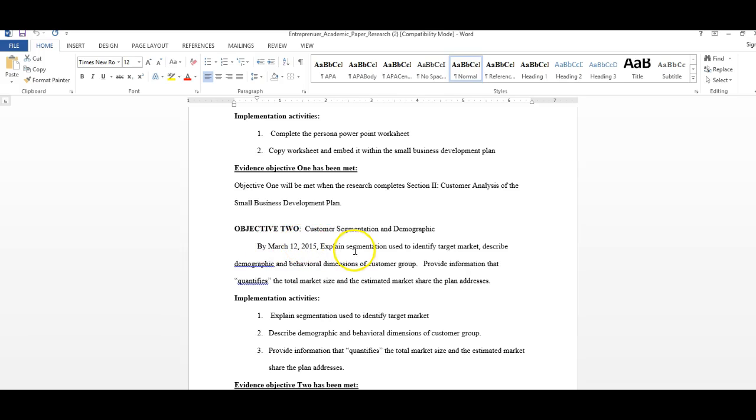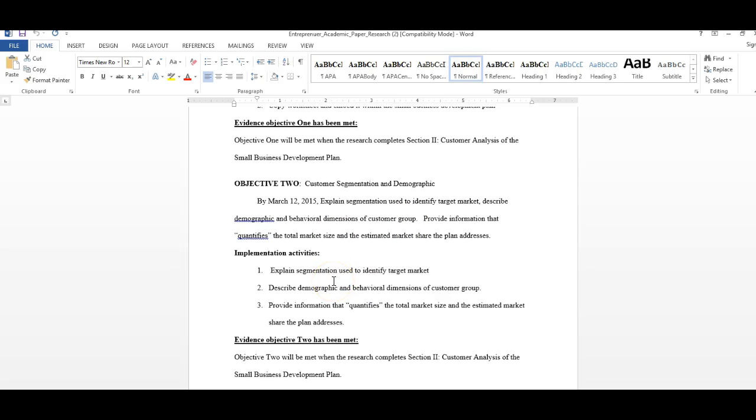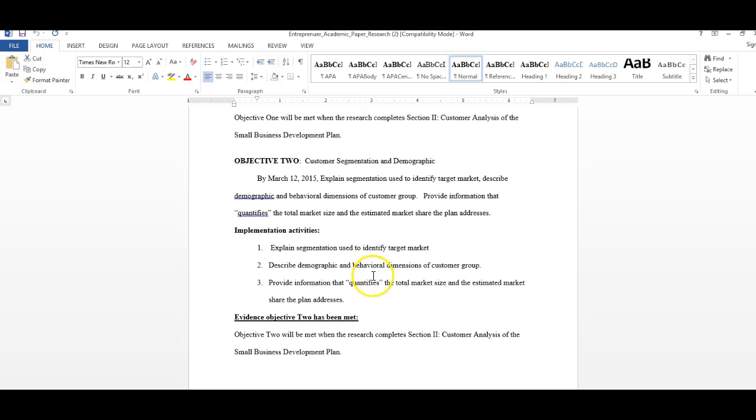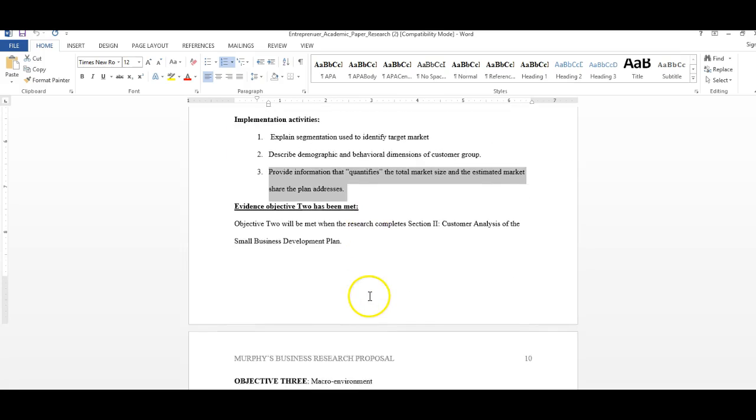He's going to explain the segmentation used to identify the target market and describe the demographic and behavioral dimensions of the customer group. So basically he's going to explain it, then describe the dimensions, and then talk about information that qualifies the total market size. This is information that came from the Bureau of Labor Statistics.